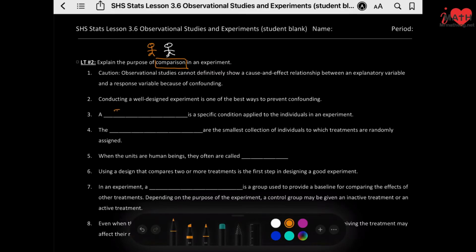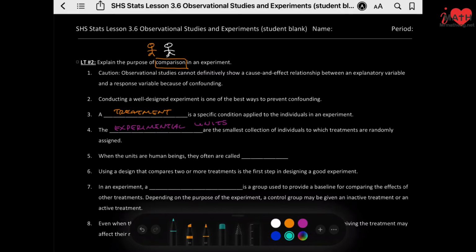A treatment is a specific condition applied to the individuals in an experiment. The experimental units, which we just talked about, so this is kind of a review, are the smallest collection of individuals to which treatments are randomly assigned.